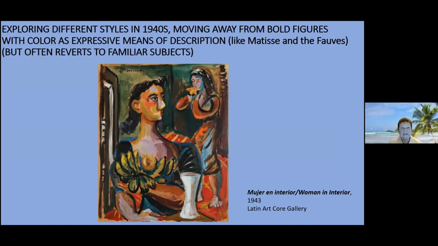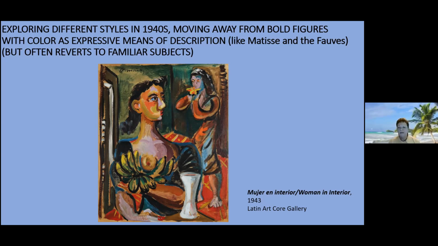Exploring different styles, using this bold coloration, bold figures, and how they are changed, often kind of distorted, but I like to say they're more expressive as you go through the years, and you go through the 40s where the influence of Paris modernism is present.